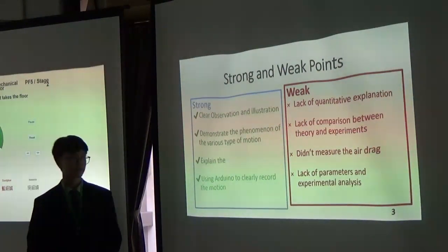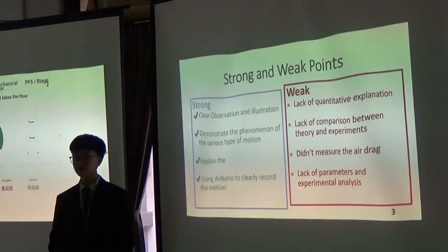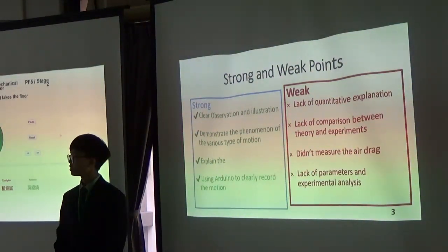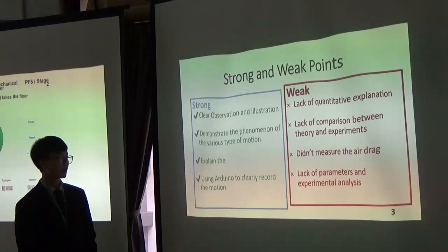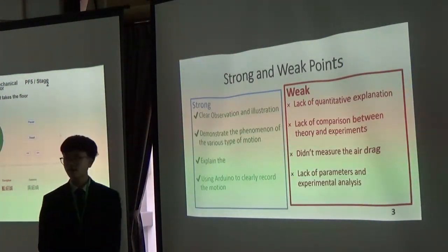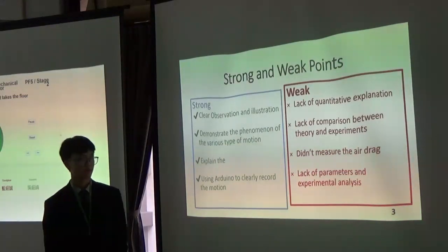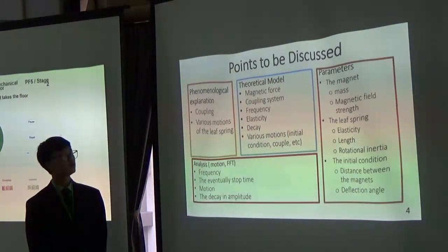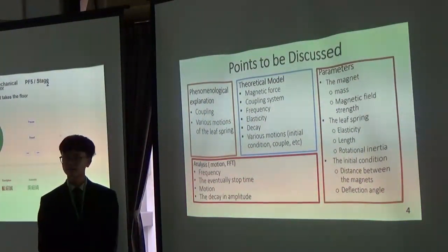However, they didn't measure the air drag, which we think is the main dissipative source in the system. I will discuss it later. They use Tracker to track the motion of the spring. However, they lack parameters and experimental analysis in their report. These are the points the opponent wants to discuss later.